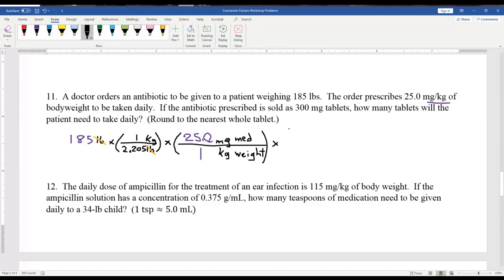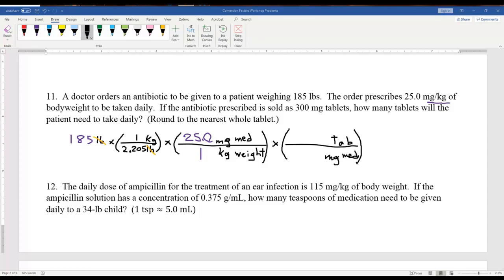So now we can proceed to convert milligrams of medicine to tablets. Milligrams of medicine is going to have to go on bottom. And I actually should have asked you, I apologize. Milligrams of medicine has to go to tablets. Now, how many tablets are equal to how many milligrams?